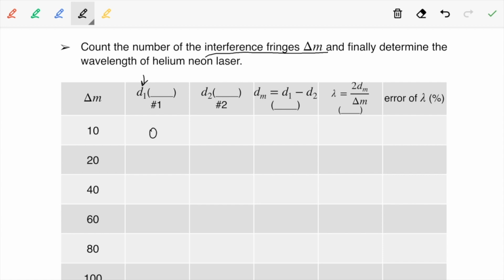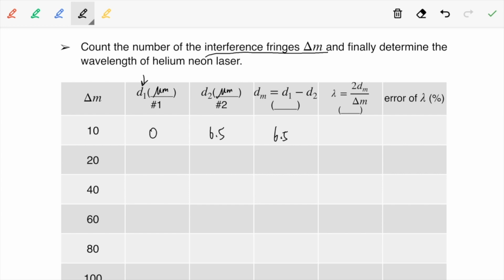Then after you count 1, 2, 3, 4, 5 to 10, you write, for example, 6.5 on the micrometer. And after that you get dm, which is d1 minus d2. Then you have 20, 40, 60, 80, and 100.